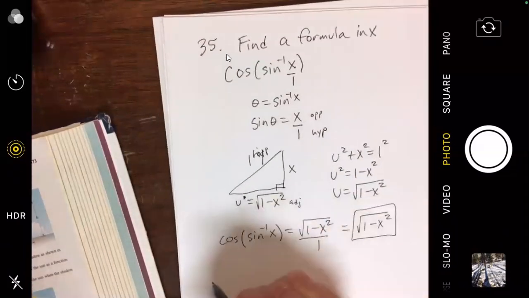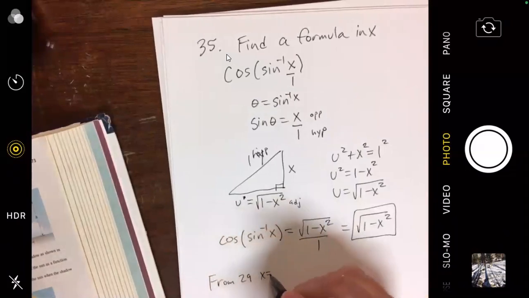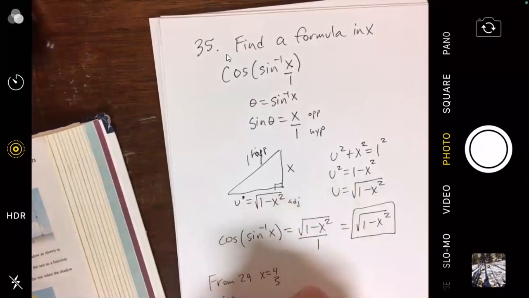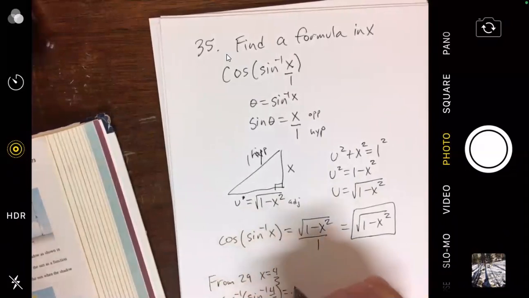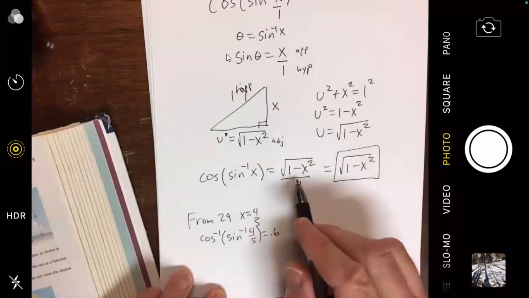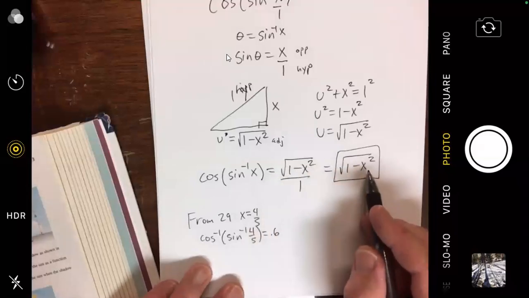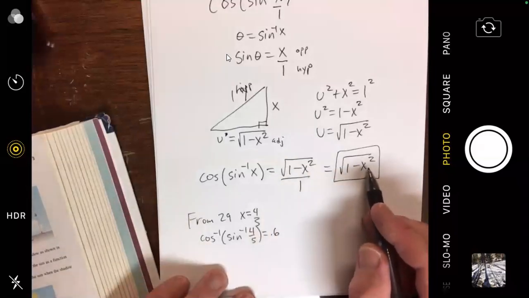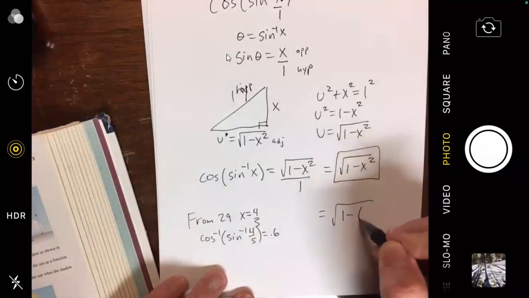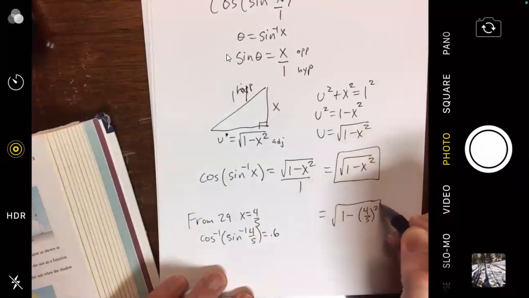Now from 29, the X was 4/5. You had cosine of arc sine, and remember, we got 0.6. So now they had you find a general formula for it. Should be able to plug 4/5, which is 0.8, in this, and get out 0.6. Let's see. Square root of 1 minus 4/5 squared.